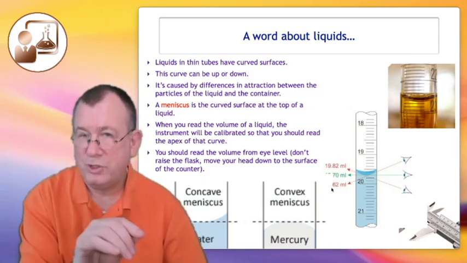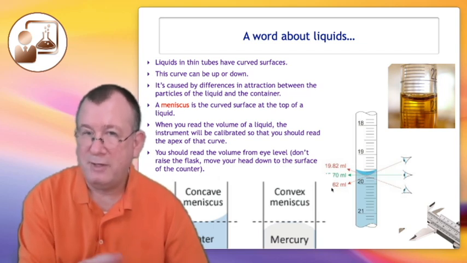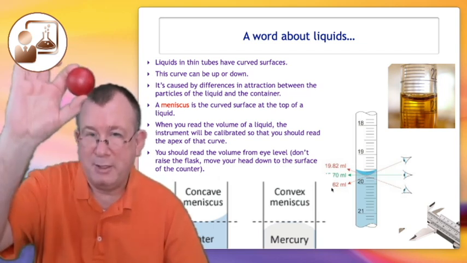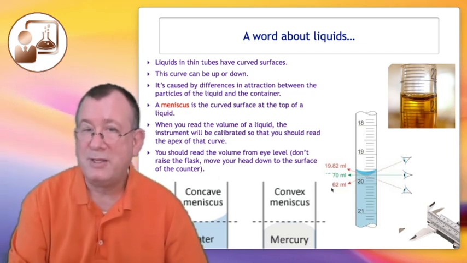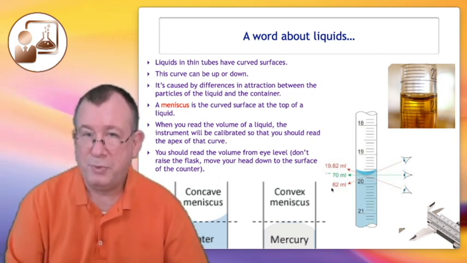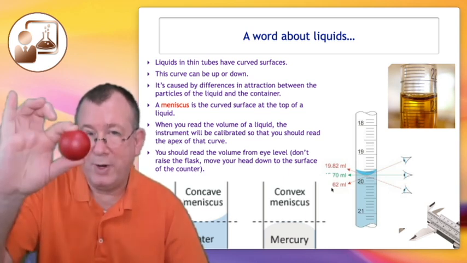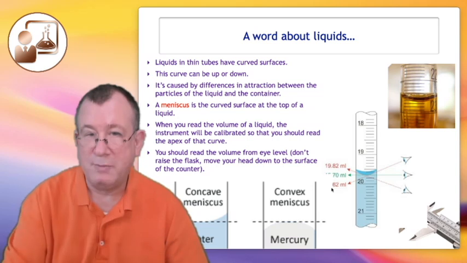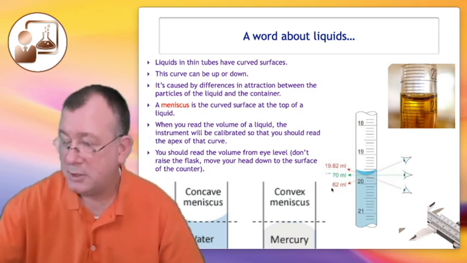That's because when you're trying to find the bottom of it, the bottom will seem higher if you're looking up at it, and it will seem lower if you're looking down at it. So in order to make the reading reproducible, always keep the level of the liquid right at eye level when you take that measurement. And look at the bottom of the meniscus for aqueous solutions.